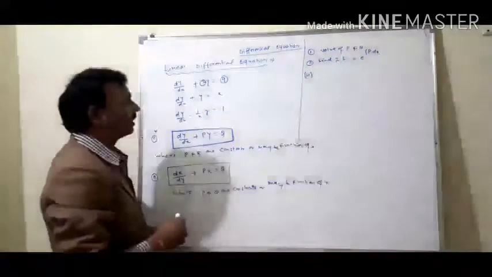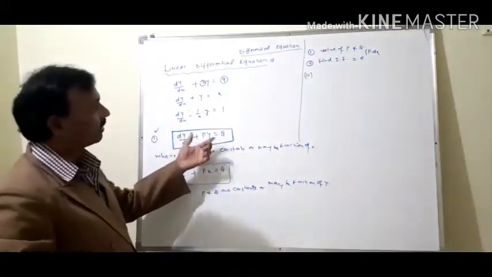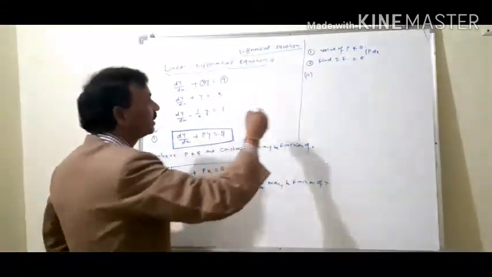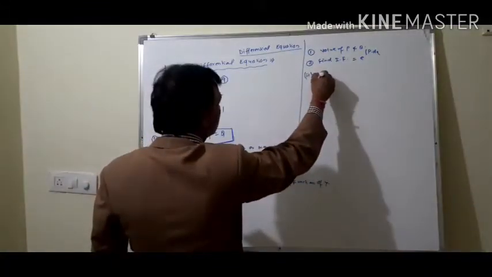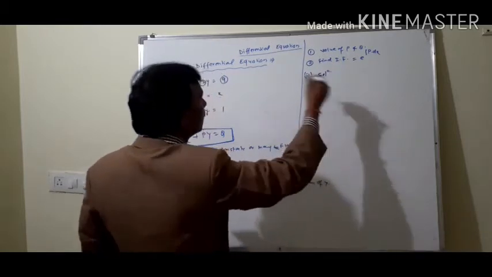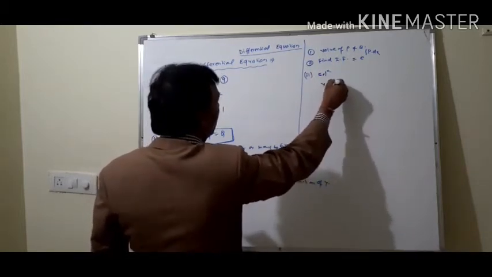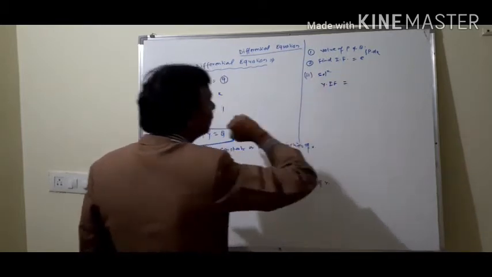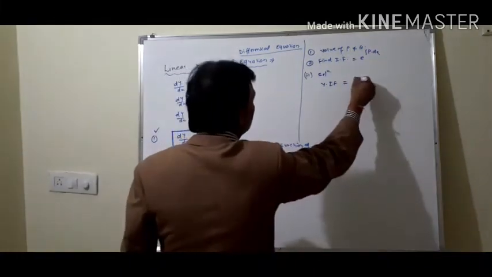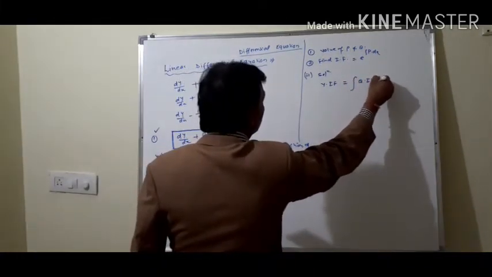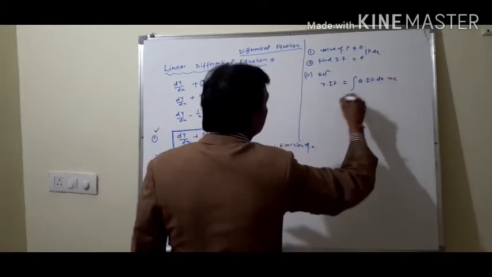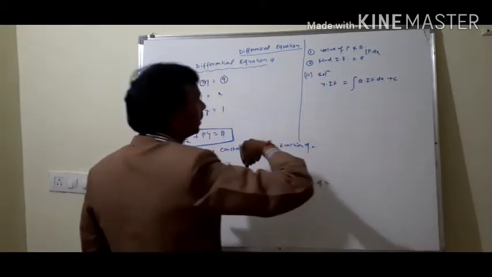In the third step, we find the solution of the differential equation. We write the solution: y into IF equal to integral of q into IF into dx plus c, where c is an arbitrary constant.